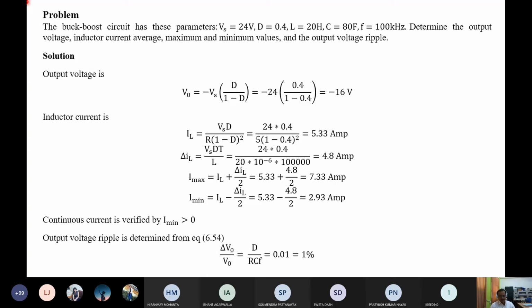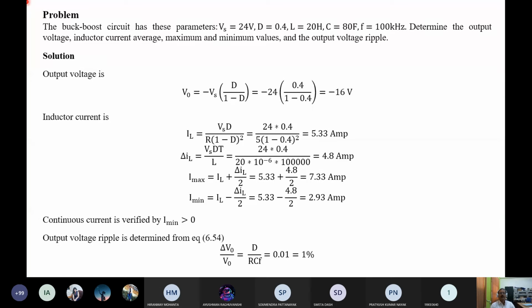Sir, the value of R is not given in the question. R, the value of resistance, is not given? R is 5 ohm in the problem. It's a simple problem. First, IL has to be derived. This is the average inductor current.